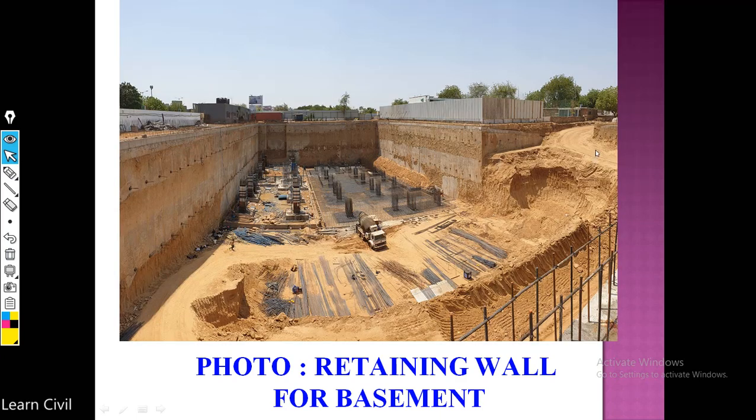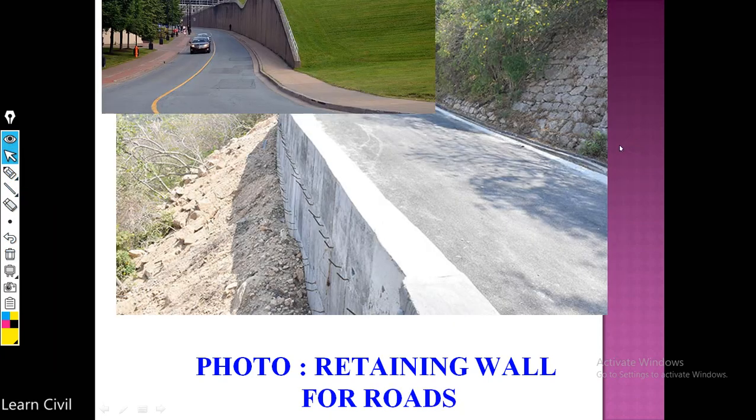Again you can see here this is the ground level, and for retaining this ground level and for construction of foundation and basement in this area, this type of retaining wall is constructed. Here you can see some retaining walls being constructed for retaining the natural ground level or soil.